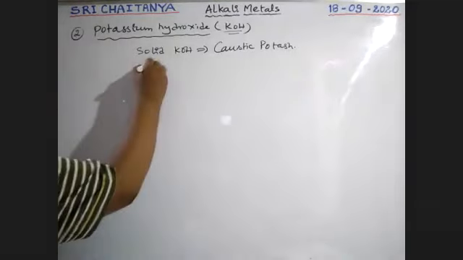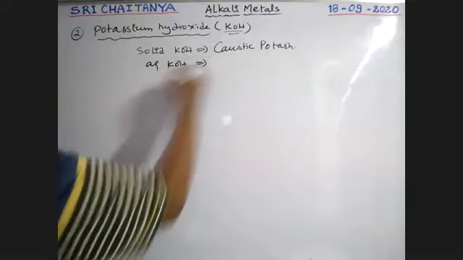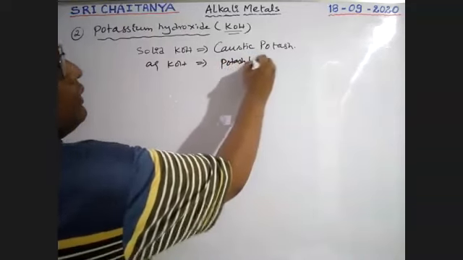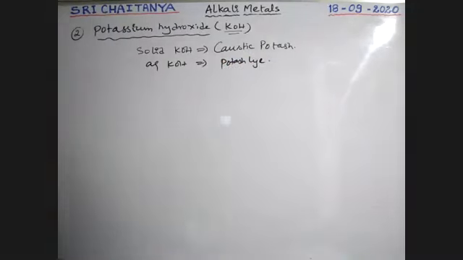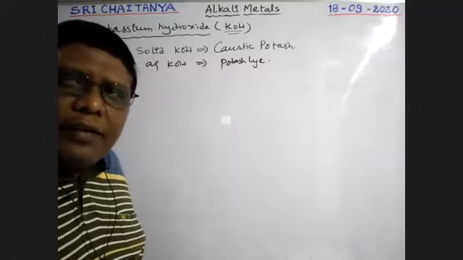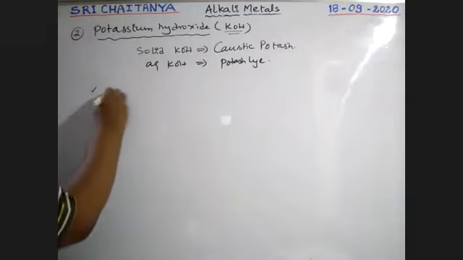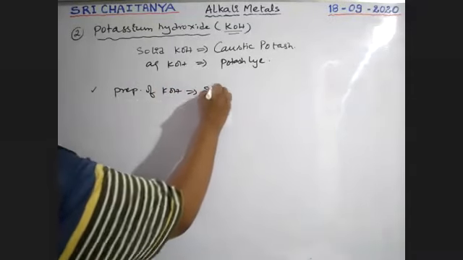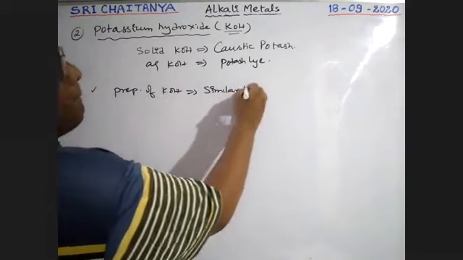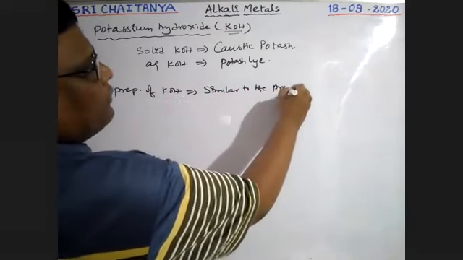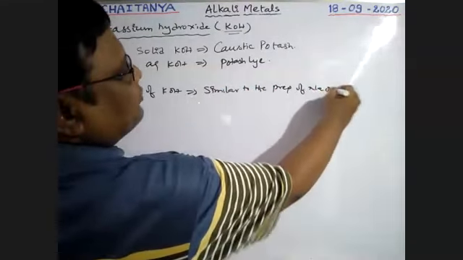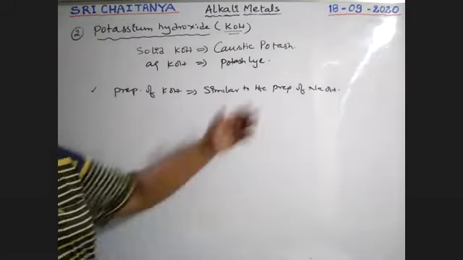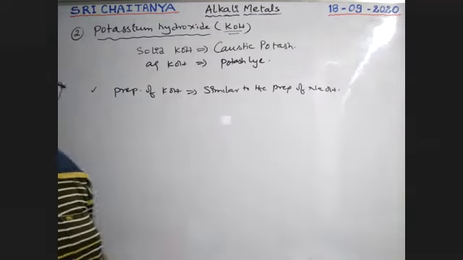Next, aqueous KOH is commonly called potash lye. The preparation of KOH is similar to the preparation of NaOH. All those methods are once again used to prepare this KOH.